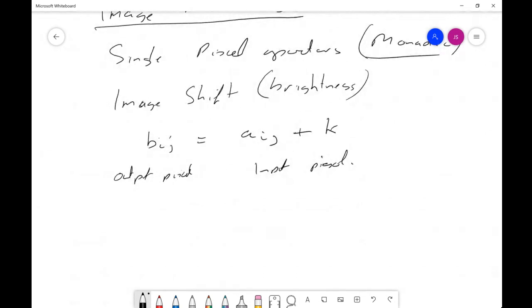And that is a simple add, but there is one condition. We have to clip the output because image systems are fixed point.